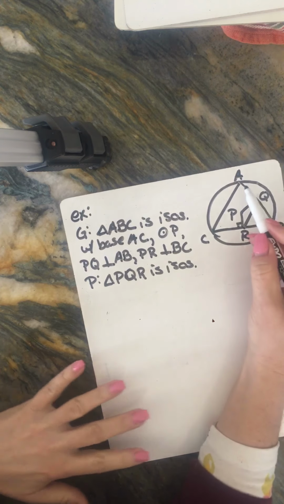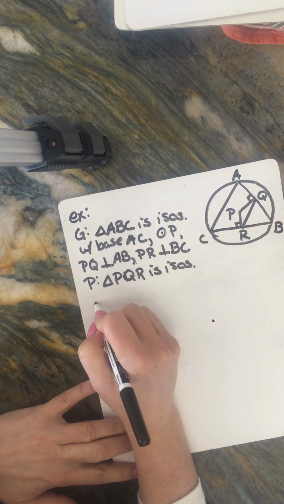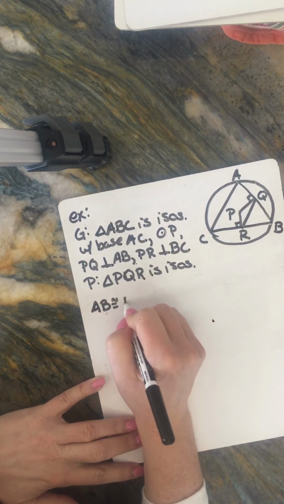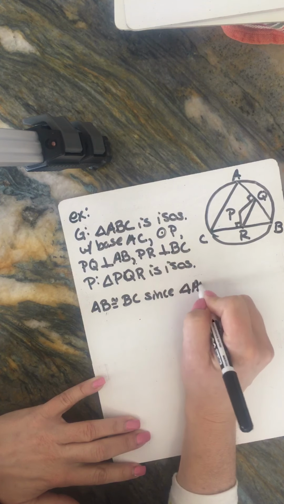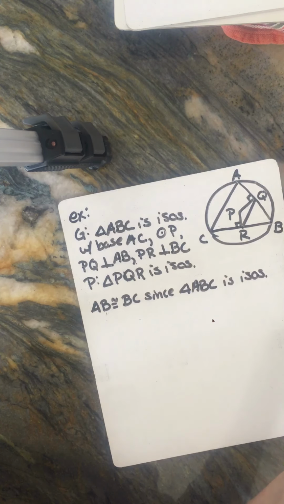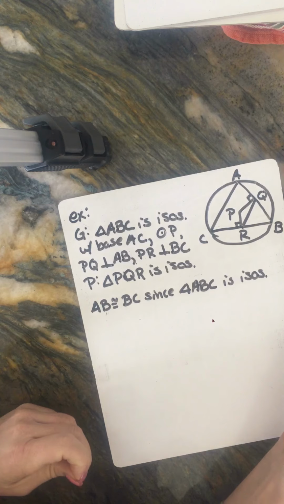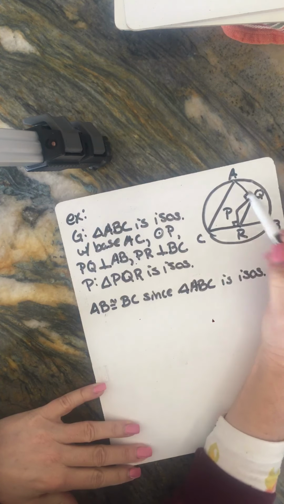Okay, so since this is an isosceles triangle, we know that AB and BC are congruent. So AB is congruent to BC since triangle ABC is isosceles. Alrighty, if they are congruent chords, then we know they are equidistant.